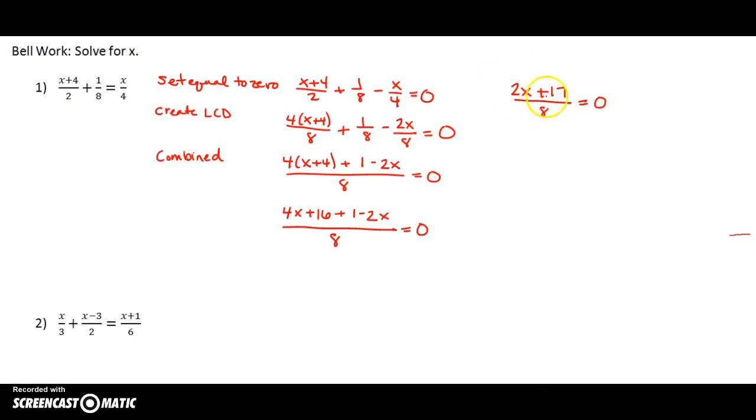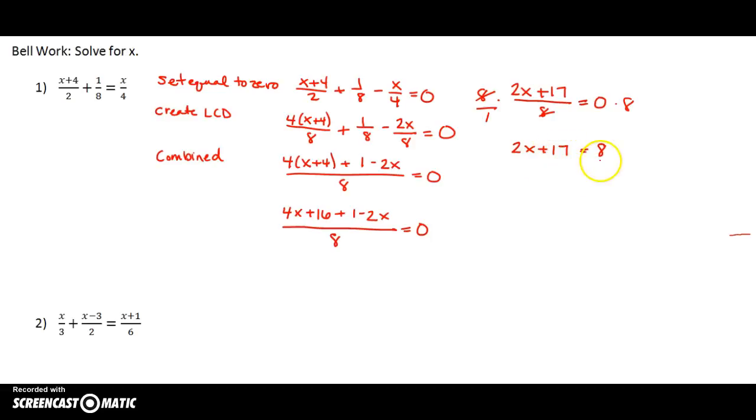From here, we need to multiply both sides by 8 to get rid of our fractions, because that will allow us to cancel our 8s, leaving us with 2x plus 17 on the left, and 0 times 8 on the right. Now our last step is to solve.